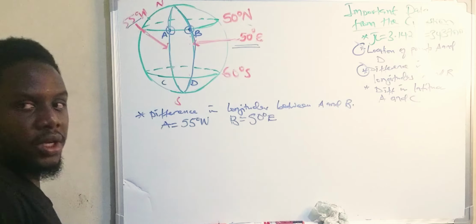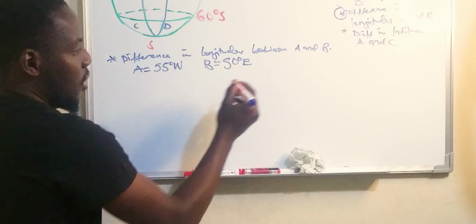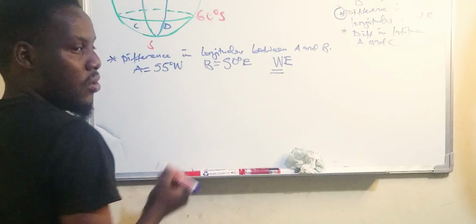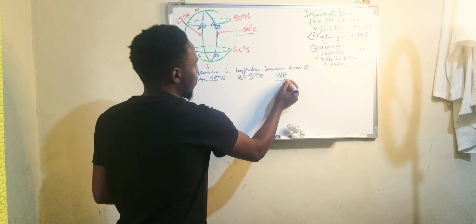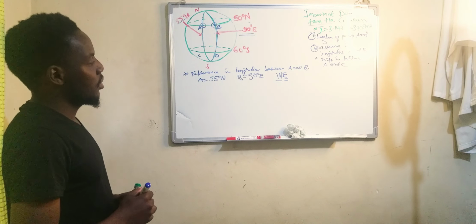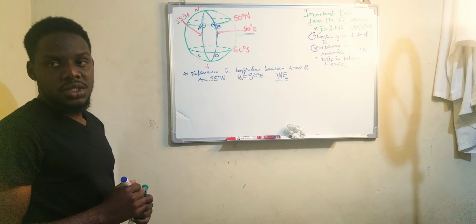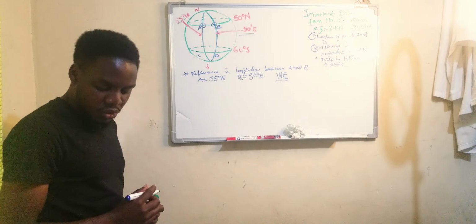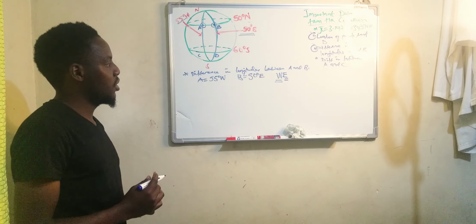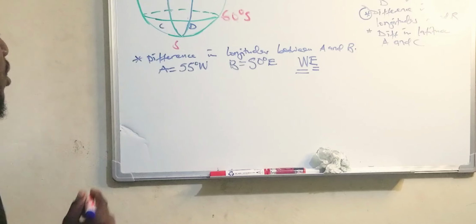So from here, we can see that the combination that we have is west and east. Point A is on the west of the Greenwich meridian and point B is on the east of the Greenwich meridian. So following the concept that we said, that you add those two points that lie on different sides of the Greenwich meridian, we are going to now find the difference.